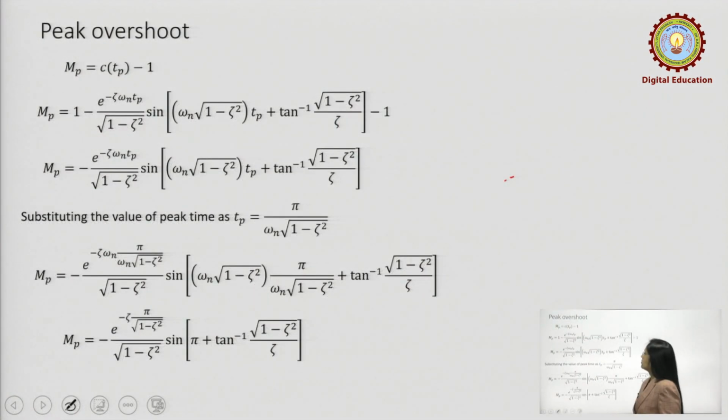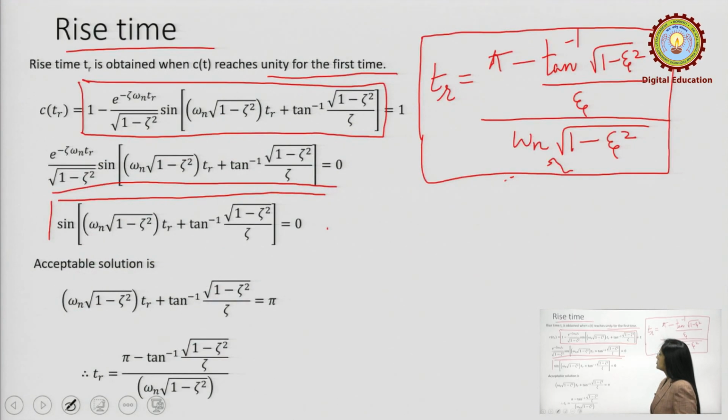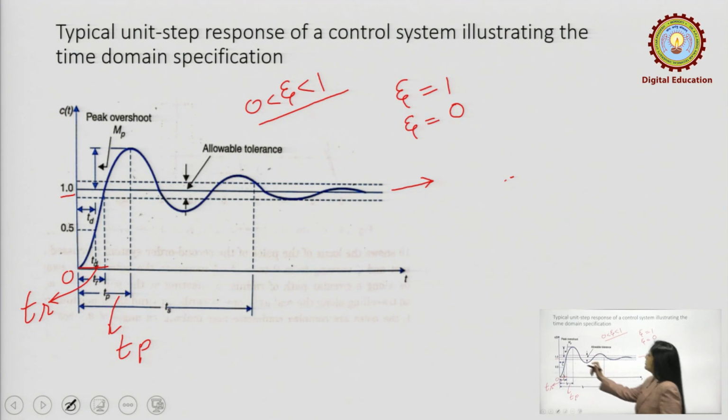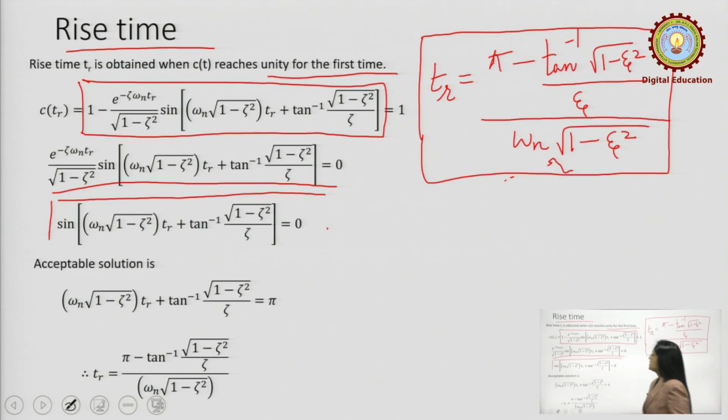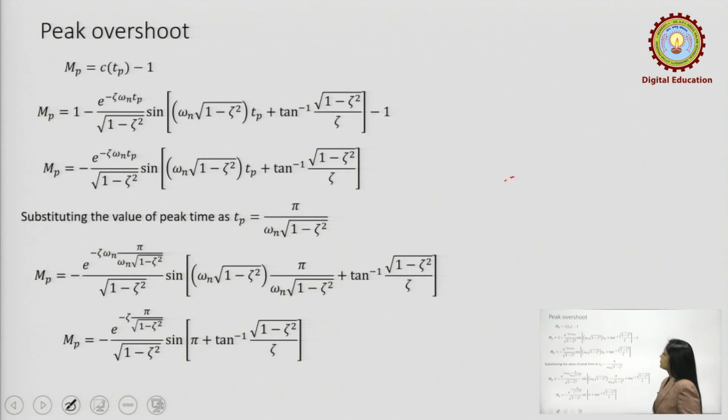Next is the peak overshoot. Peak overshoot is obtained as I had shown here. Peak overshoot is the distance from the reference input to the maximum value, that is, when the time is equal to Tp.